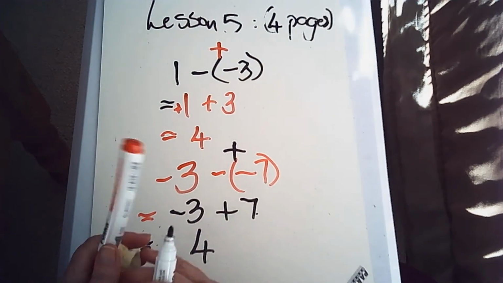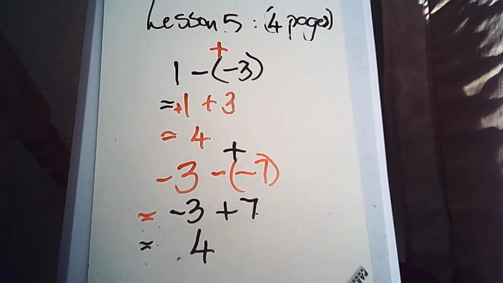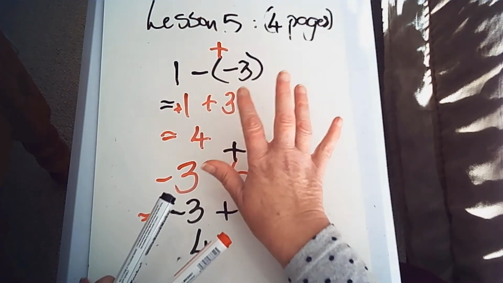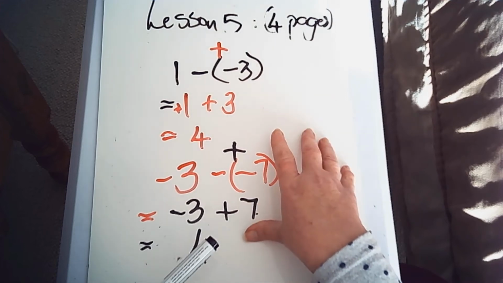Alright. Now, let's go to the next page for homework, which says number lines, and then explain in your own words how you did question 1 and how you did question 4. Alright, you're going to explain that in your own words.